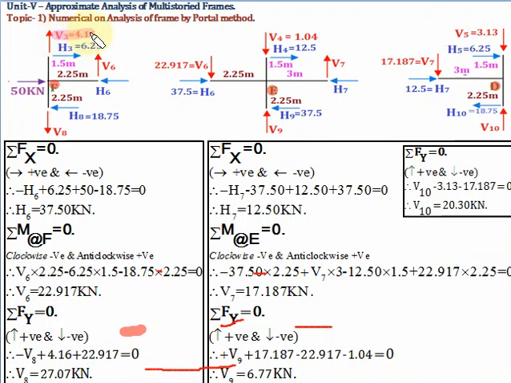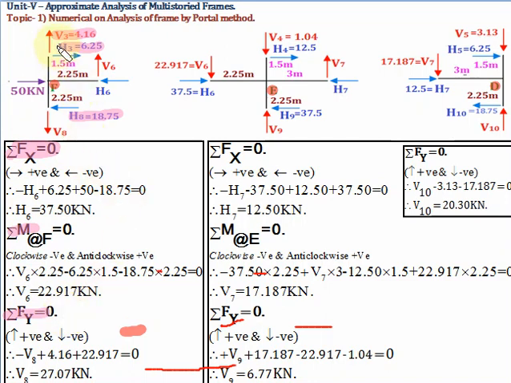We know the value of P3, we know the value of H3, and we know the value of H8. The unknowns are V6, H6 and V8. Those unknowns are calculated using the equilibrium equations, summation Fx, summation of moment and summation of Fy, the three equilibrium equations.